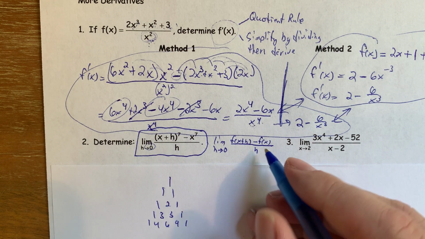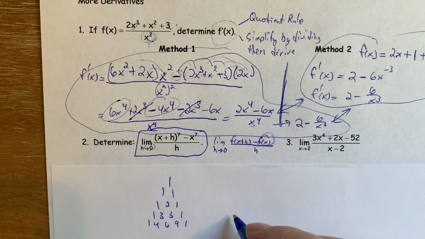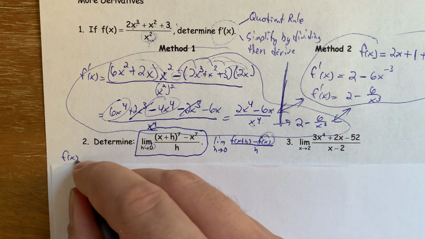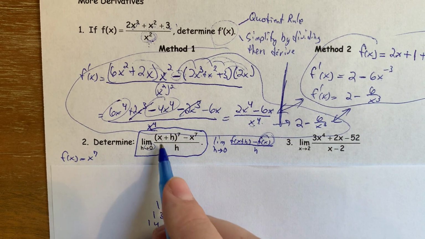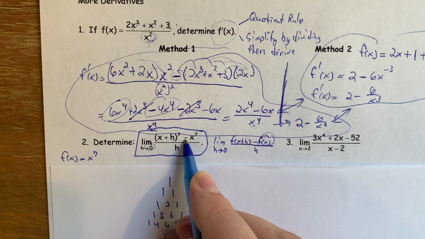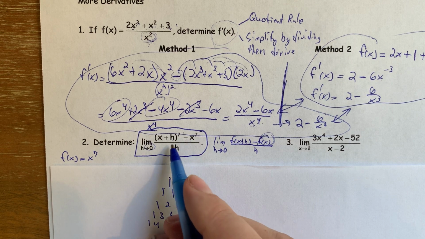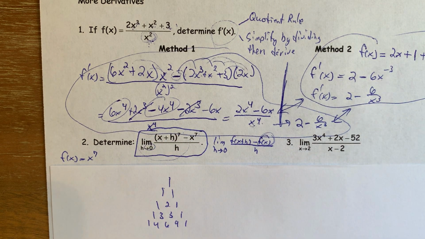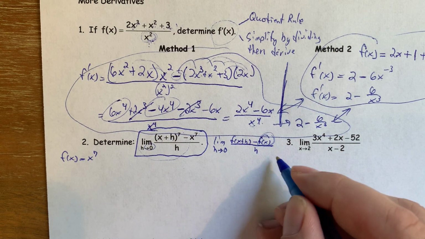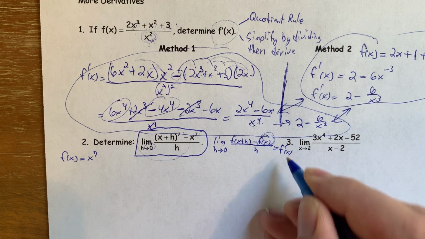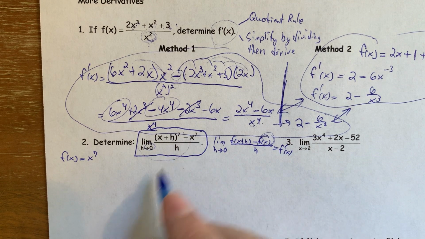So the question is, what is the f of x here? And here, f of x is x to the 7th. And so f of x plus h is x plus h to the 7th minus f of x over h. And so you're supposed to recognize that this is the limit definition of the derivative. And so this is equal to f prime of x. It's the definition of the derivative of this function.